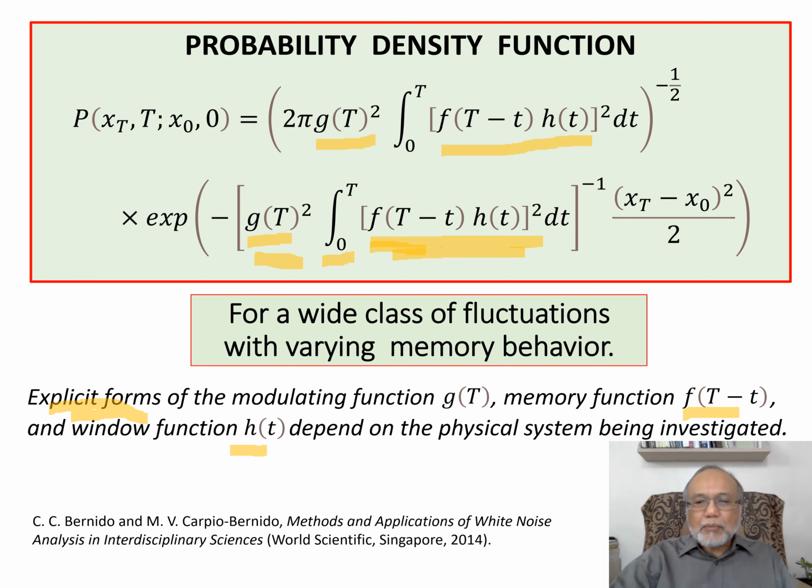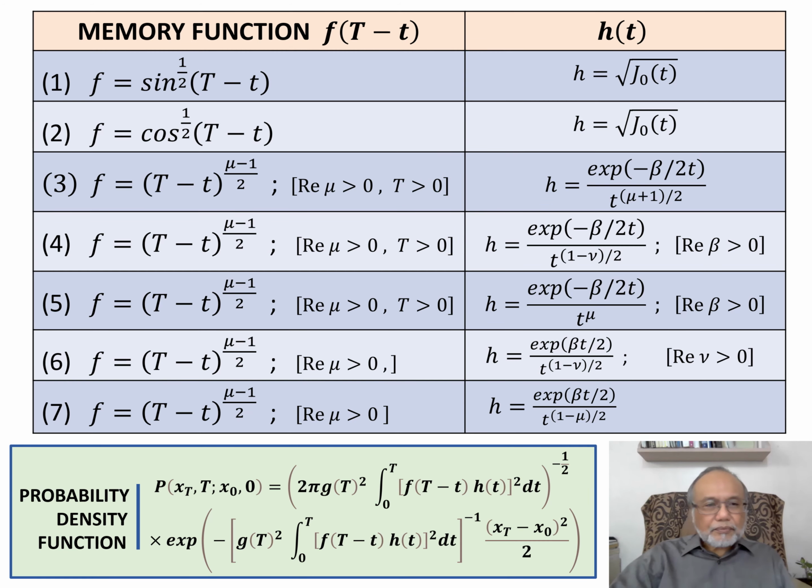If you look at the table of integrals, there's a huge number of combinations of memory function f and window function h, wherein if you multiply f times h, square them, and then integrate, they are actually integrable. You have all these types of combinations as shown in this page, and we have more.